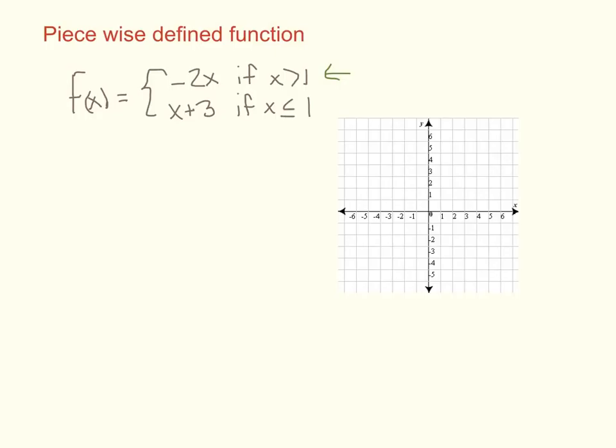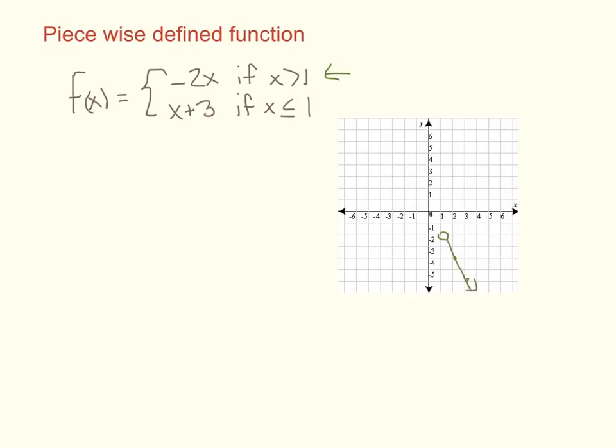I'm going to have an open circle. My slope from there is negative 2. So from that point, I can go down 2 over 1, down 2 over 1, and I'm going to draw an arrow.